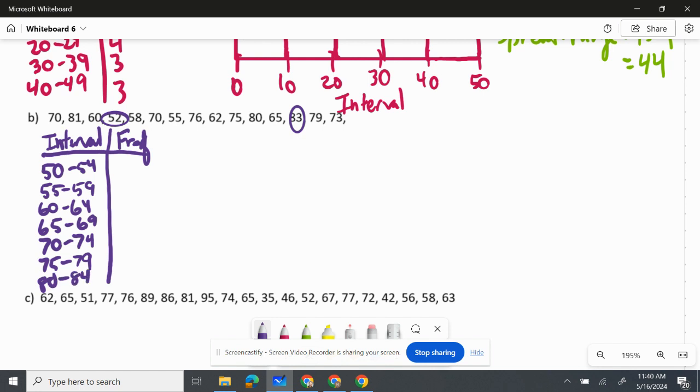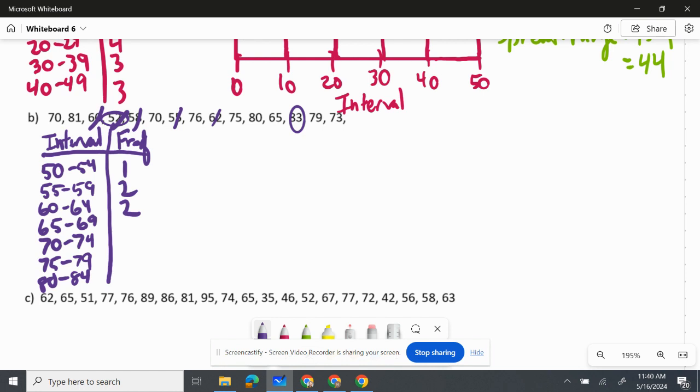And I'm going to count all the ones from 50 to 54, and that would be 1. And then I'm going to look at 55 to 59, and that would be 2. Then I'm going to look at 60 to 64, and that would also be 2.